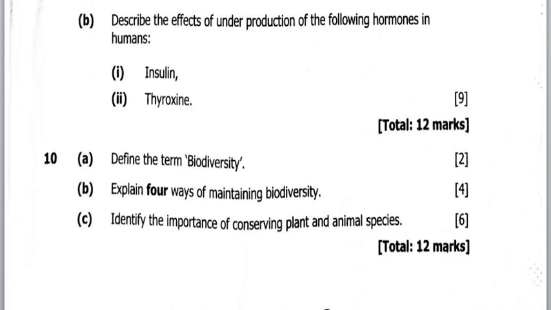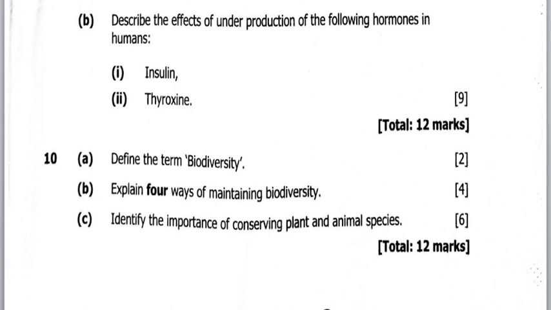Then the last part is identify the importance of conserving plant and animal species. What is the importance of conserving plant and animal species? Conservation of plant and animal species is important because number 1, it adds value and creates tourism. Number 2, for medicinal benefits from plants and animals.